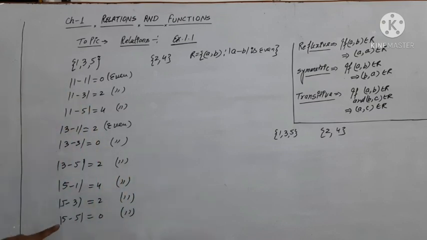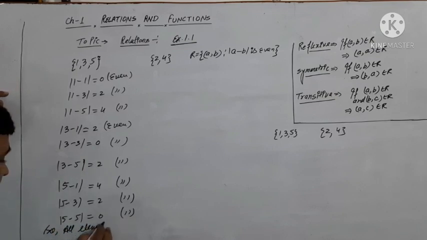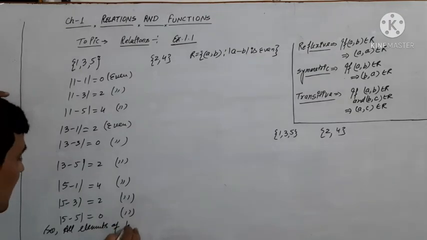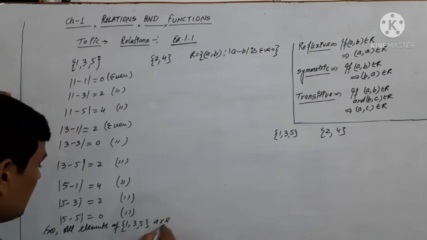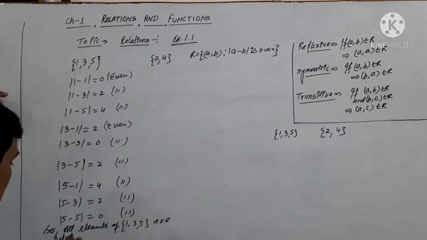So every element of this set, so all elements of 1, 3, 5 are related to each other.